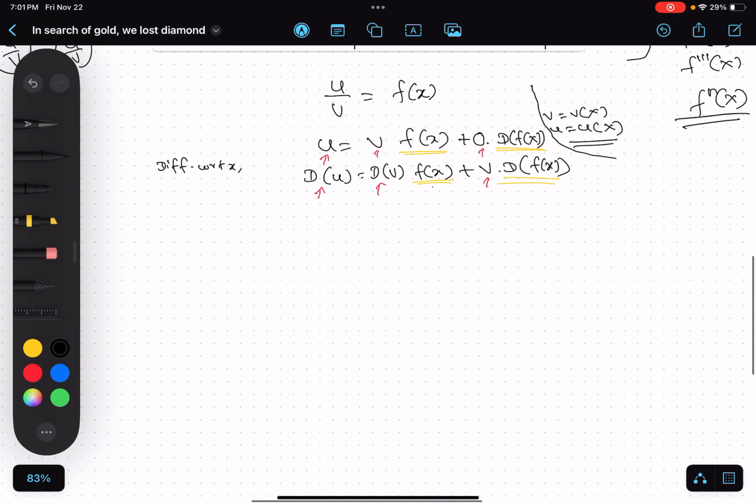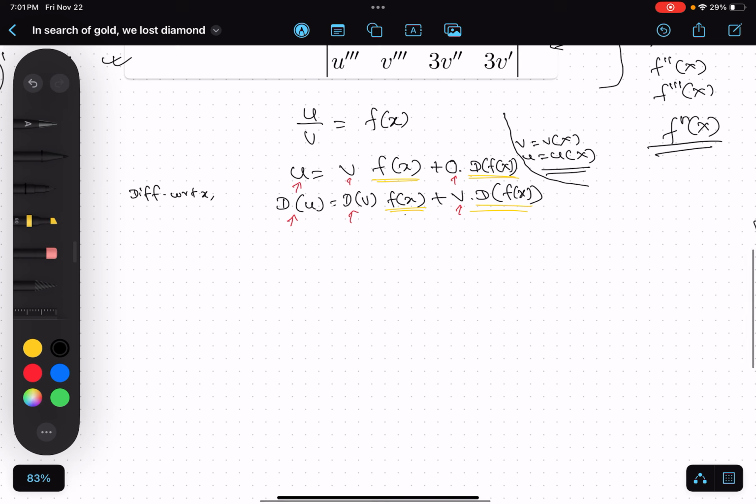So over here, if I want to find d of f of x using Cramer's rule, in the denominator I will get the determinant of v 0 b d of v, right.